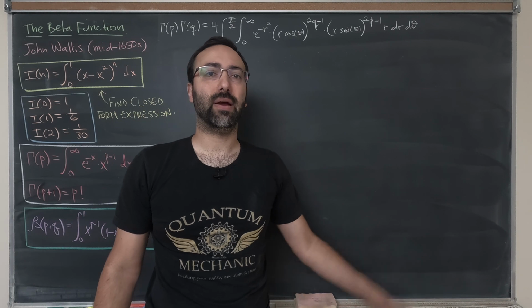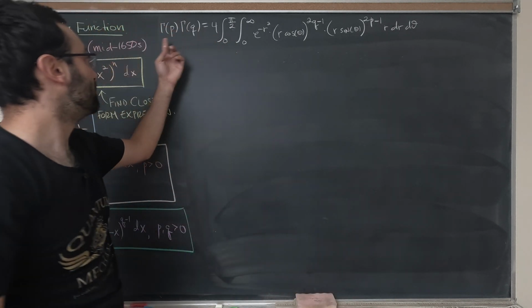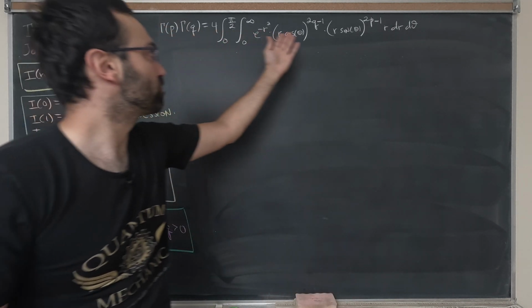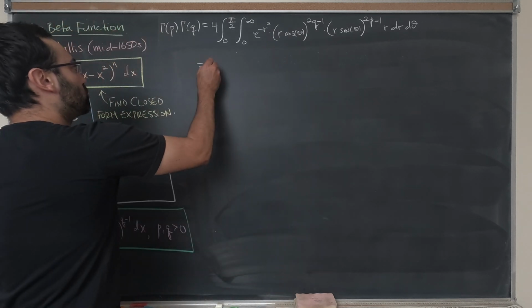Okay, so here we are now back at the board, reminding ourselves what gamma of p times gamma of q is. So let's work on this a little bit.